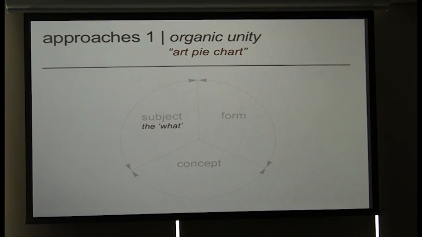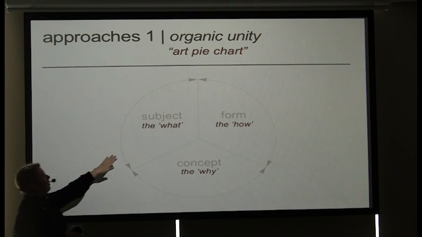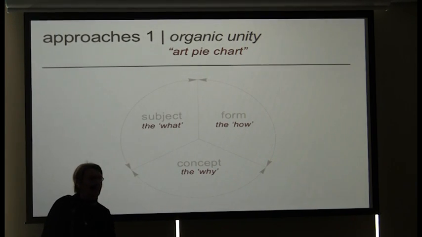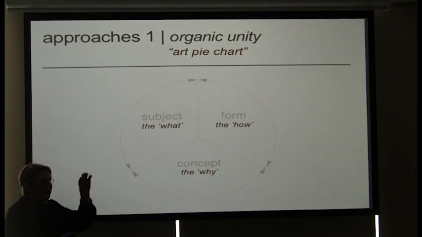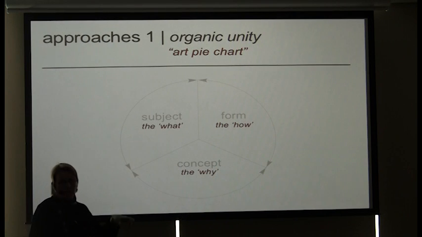And we call those the what, the how, and the why. As an artist, this is what the general public usually sees. They're accustomed to looking at a picture and describing, oh, it's a landscape with a little house in the background and it's mostly blue.